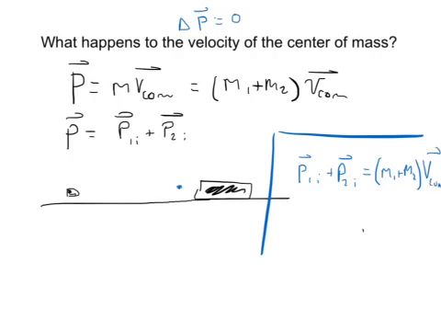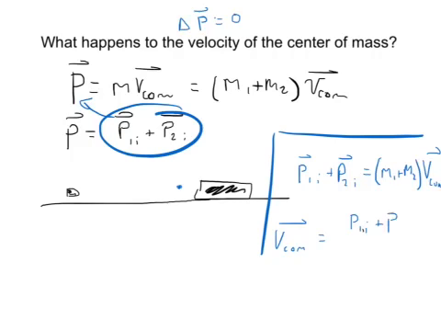Now I'm just substituting this in for momentum. Therefore, we can get an expression for the velocity of the center of mass, which equals the initial momentum of object 1 plus the initial momentum of object 2 divided by the net mass.